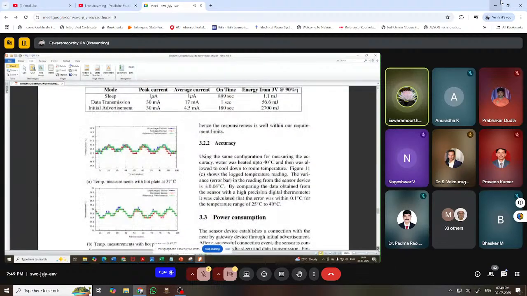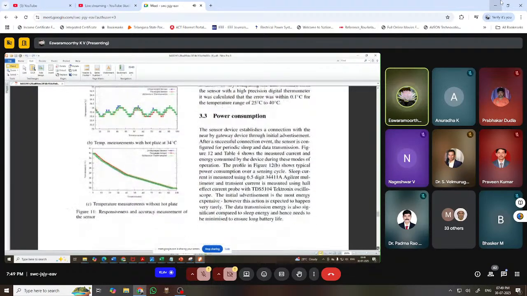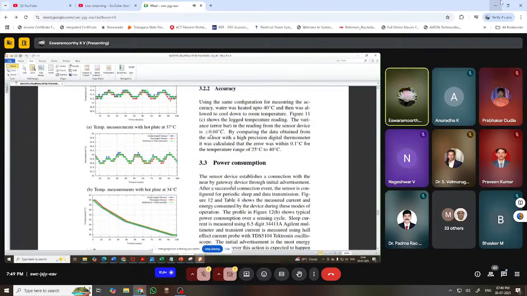And they have measured the accuracy also, within the range of 0.04 degrees Celsius. They measured from 25 to 40 degrees Celsius.